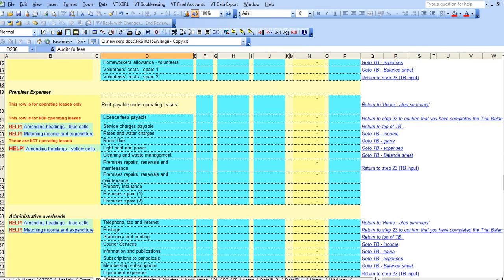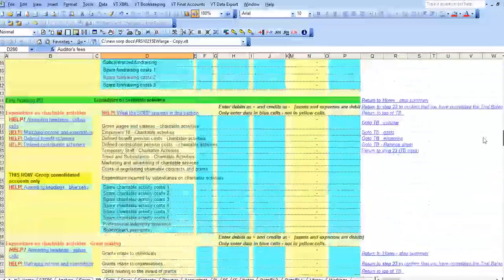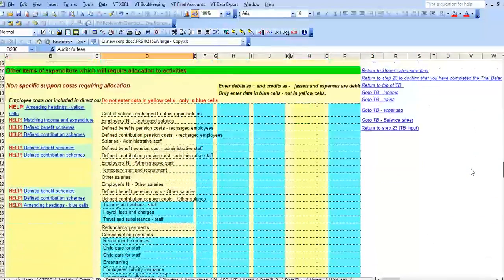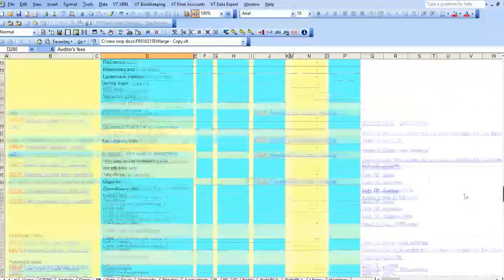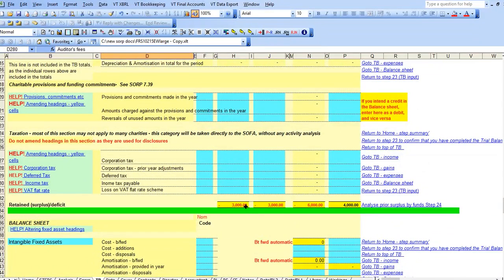So it's quite important, as you'll see, to understand the categories that are in this trial balance. Expenditure on charitable activities is quite different from the overheads, support costs, which go in there. Then at the end of this part of the trial balance, you will have the net surplus or deficit for the year.